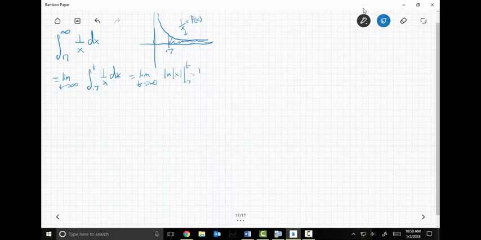This turns into the limit as t goes to infinity of the natural log of the absolute value of t, minus the natural log of 17. I don't have to put the absolute values, but I will anyway. Now, what does the natural log look like? Oh, the natural log looks like that. It blows up and goes to infinity. So this is actually infinity minus the natural log of 17, which is infinity, which implies it diverges.